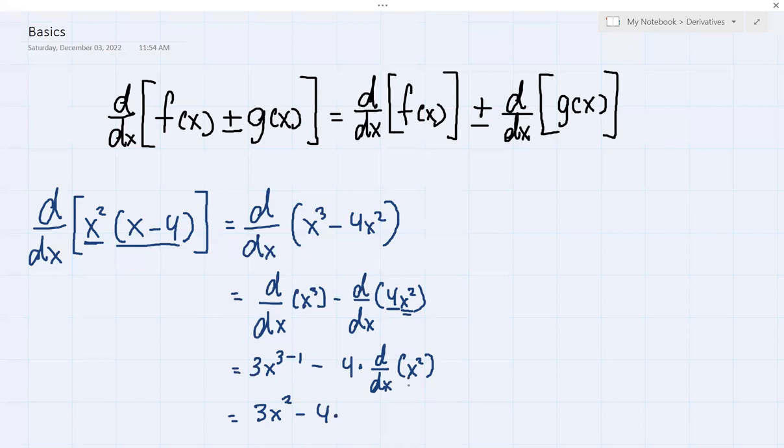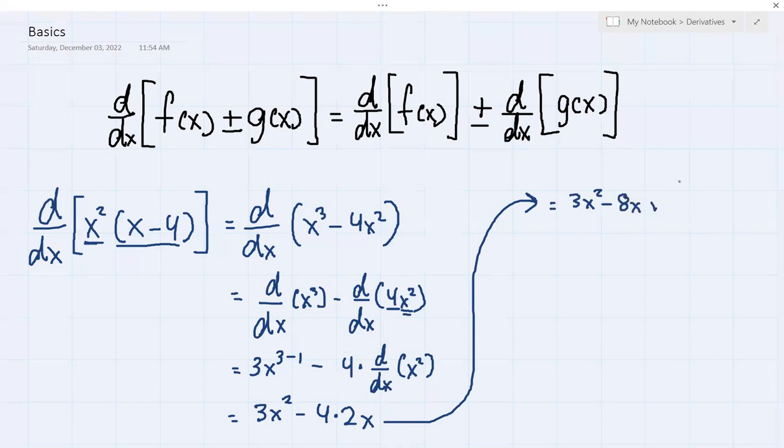So we will use power rule of differentiation. So magiging 2 times x raised to 2 minus 1. So 2 minus 1 is 1 or just simple as x na lang. So let's simplify further. We will have 3x squared minus 8x. Okay?